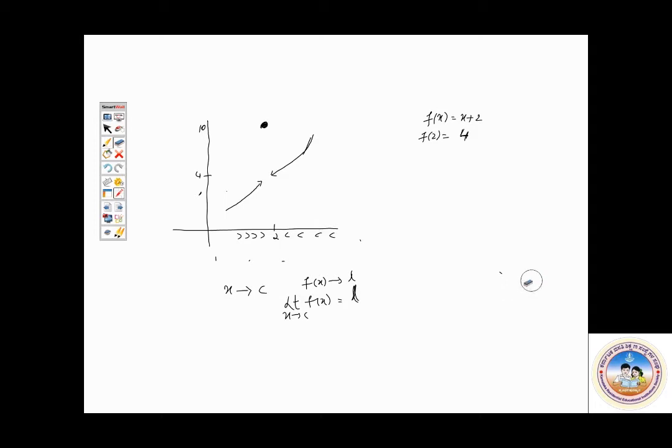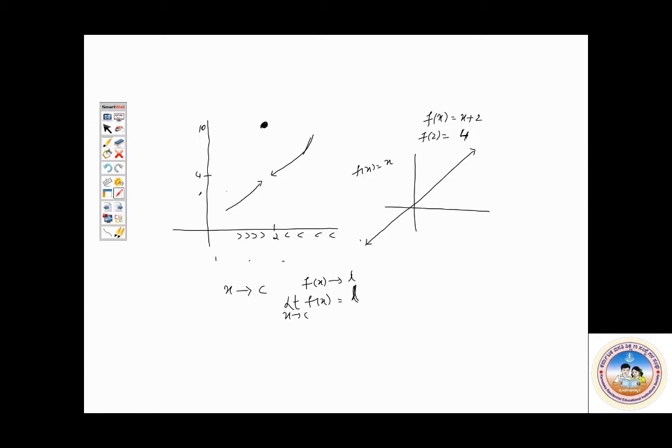Now, f of x equals x. You know that it is an identity function. Graph of the identity function is this. It is passing through the origin. Graph of the identity function is x, and this is f of x equals x.